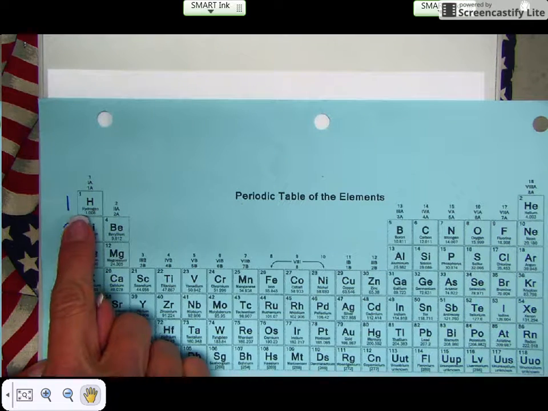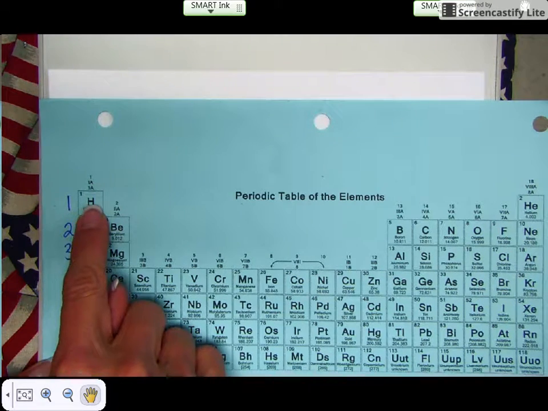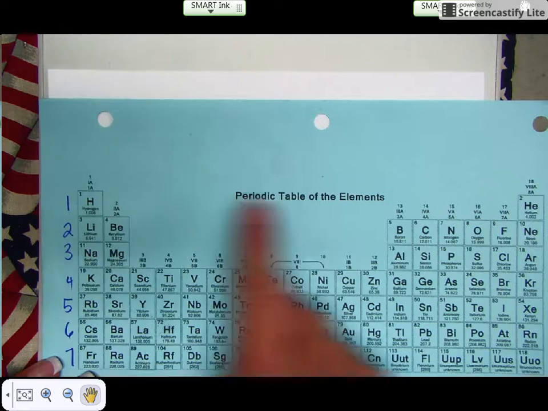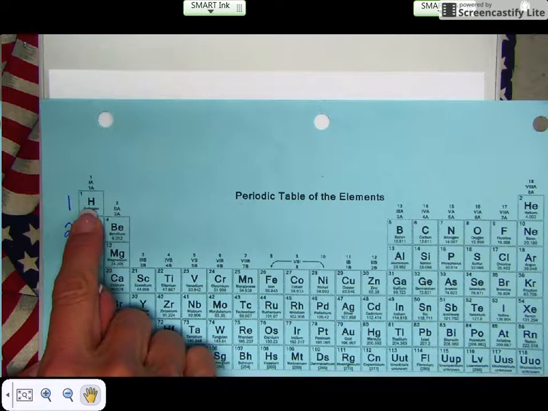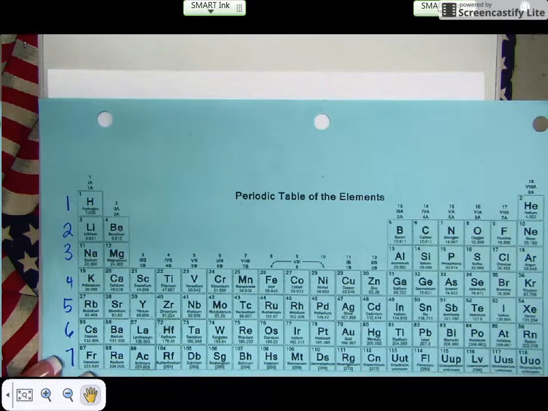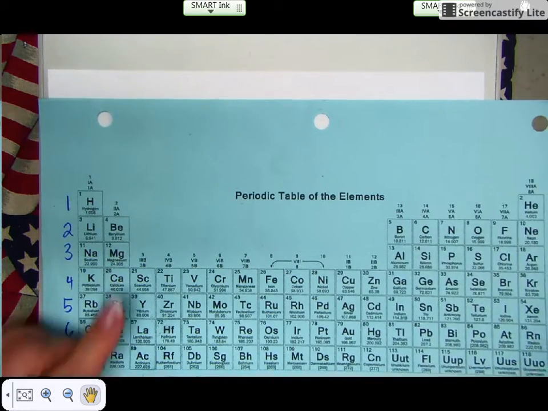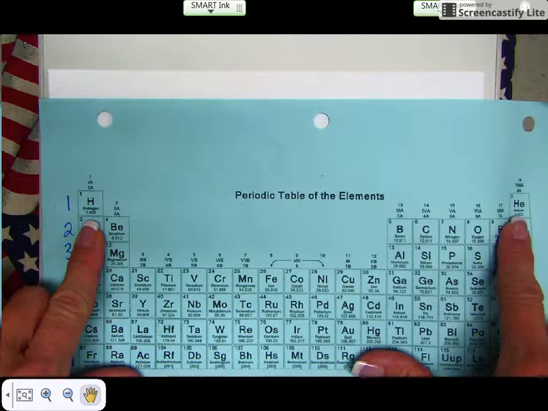So that first ring on our Bohr model is representing the first 2 electrons that would fill the energy level, which are hydrogen and helium's. Technically, they are electrons. So I'm going to put 2 electrons in that first energy level.